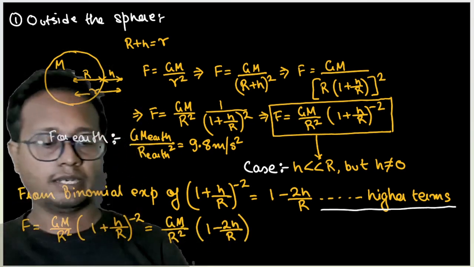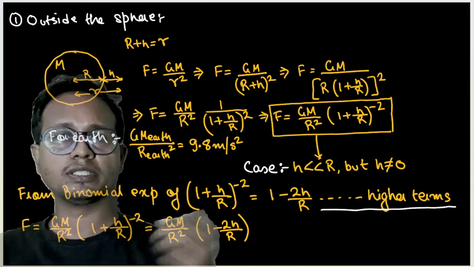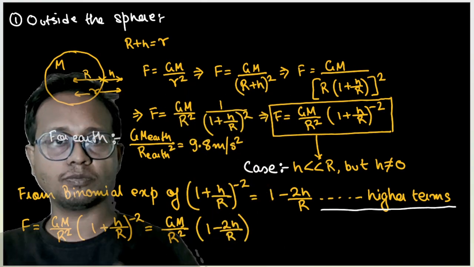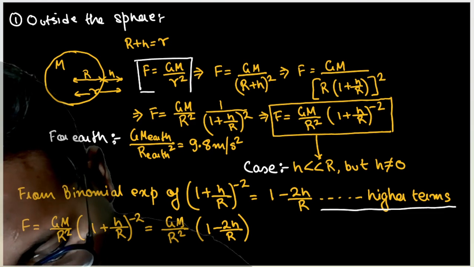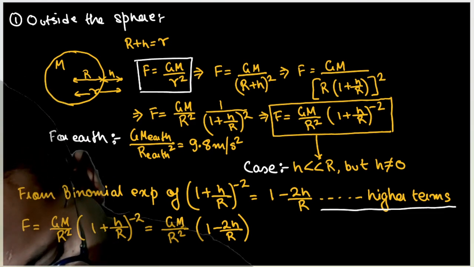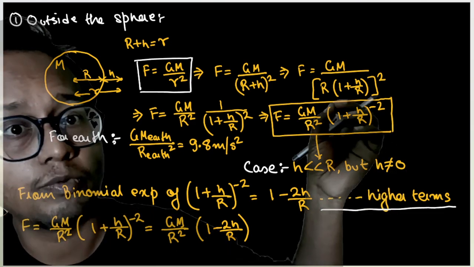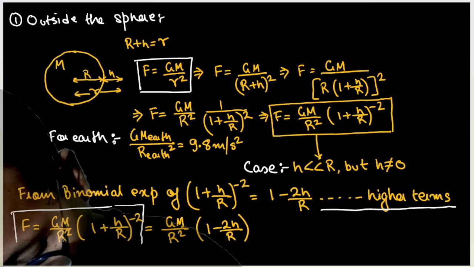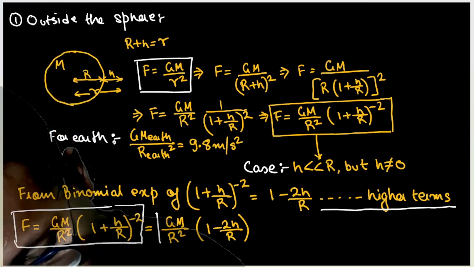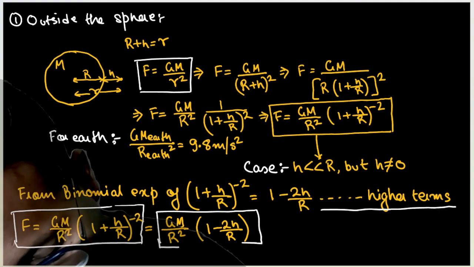Now you might have confusion: sir, which formula to use? You have arrived at four different kinds of formula. This formula, this formula, this formula, and this formula. Which formula to use?